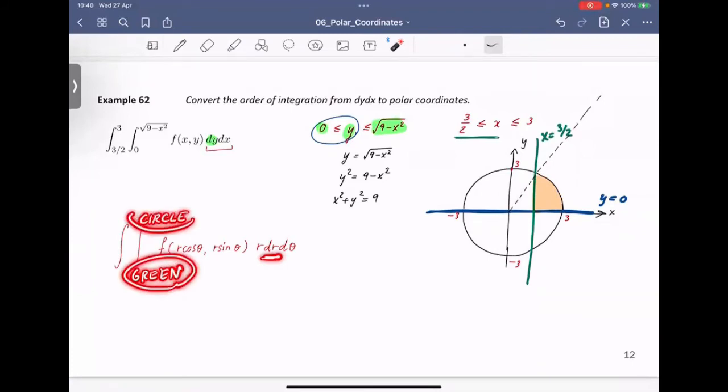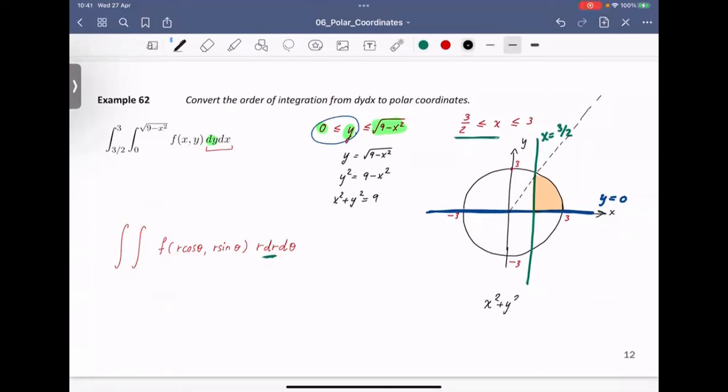The circle is x squared plus y squared equal to 9, which is similar to r squared equal to 9, which is r equal to 3. So the top one here is 3, because you're going to hit the circle all the time.